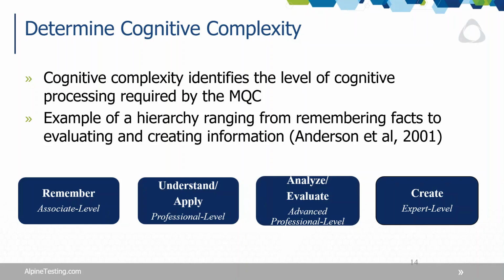And so we put up an example here of, there's multiple ways to define cognitive complexity, and you might have heard Bloom's taxonomy is one that if folks have heard about cognitive complexity, they may have heard of that one. We have a different example that's a little bit simplified up here on the screen.